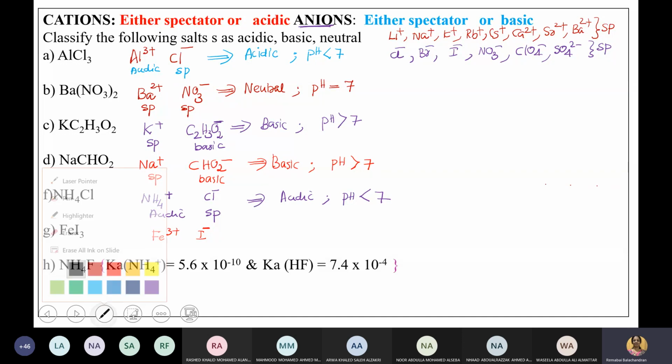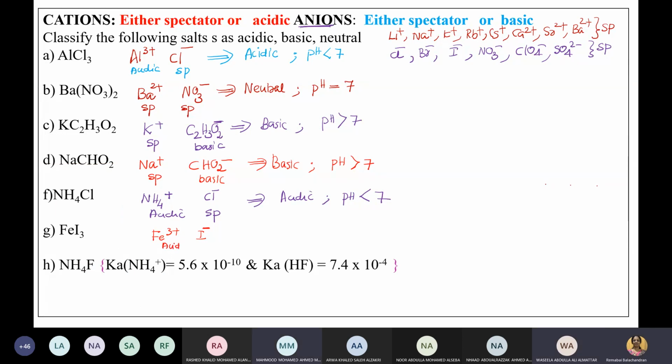If it is not spectator, it will be acidic. I minus, check. Spectator. So acidic plus spectator is acidic. pH is less than 7.